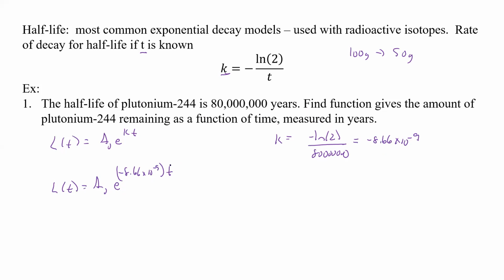If we had a T of 5 and an A naught of 0.1, that's not going to be very much. It's still going to be about 5. But if you start looking at the time frame in millions of years, that's when you're going to start noticing a difference. So that would be our function to find how much is left after 10 million years or something like that.